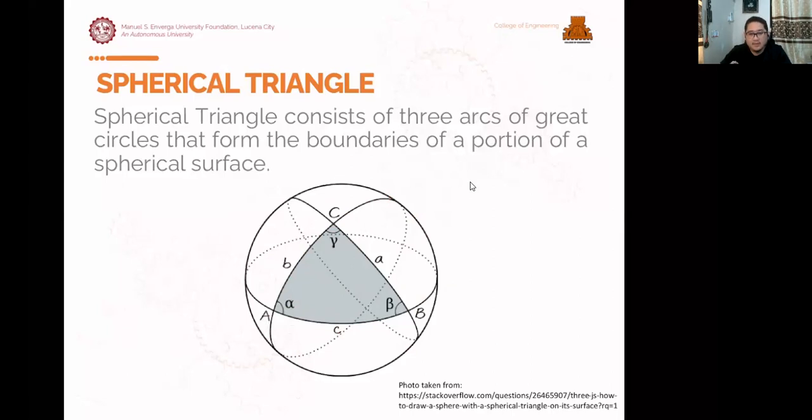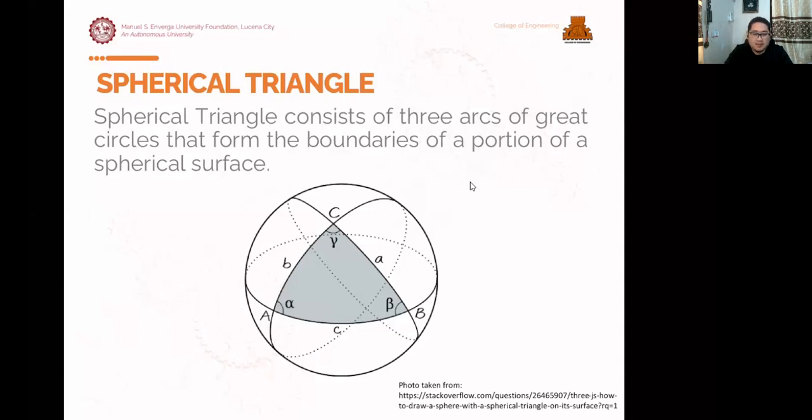So, kung halimbawa gusto mong mag-create ng triangle, pero since nasa sphere tayo, yung edges niya is along the spherical surface din. Kaya yung itsura nung spherical triangle natin is not actually the same as yung plane triangle natin.